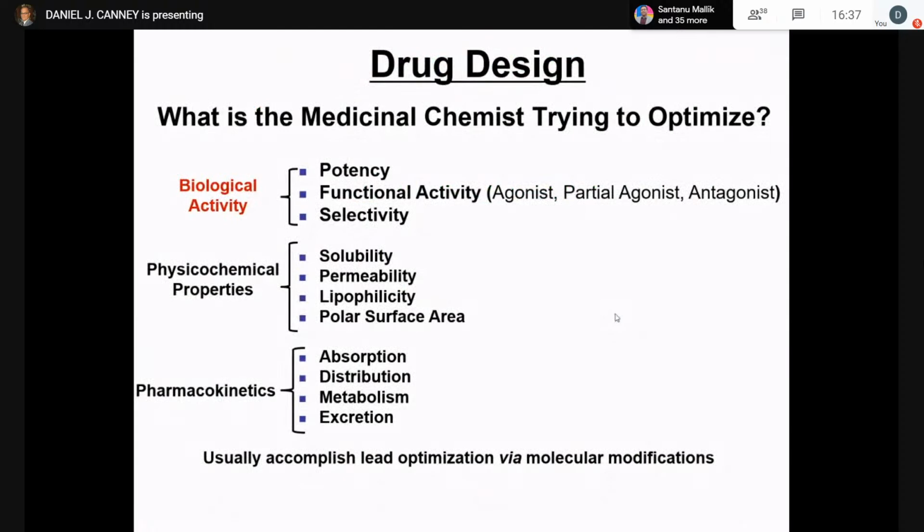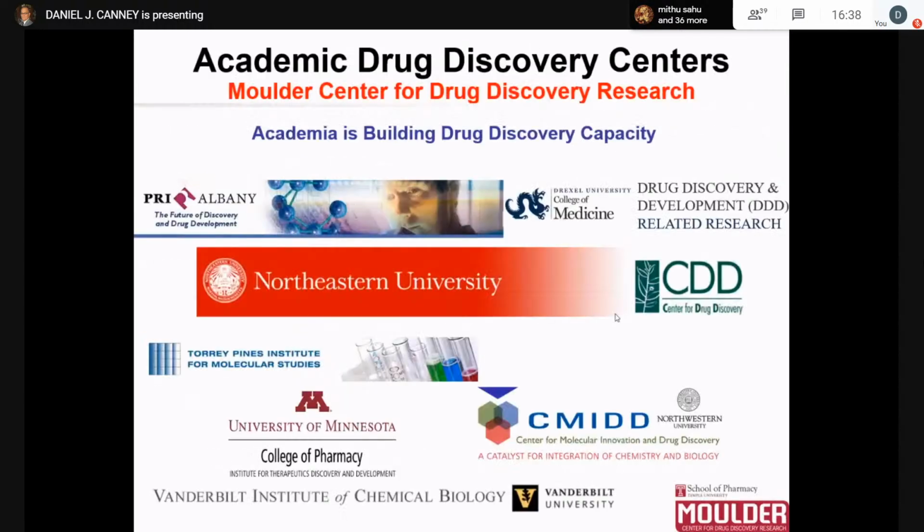So again, just to emphasize this fact, what we were doing was looking primarily at the biological activity of our compounds, looking at the binding or the enzyme activity and so forth. What was lacking in past years was looking at the permeability, lipophilicity, polar surface area, and so forth. And also PK. We're able to do PK on a routine basis now, which was something that wasn't the case.